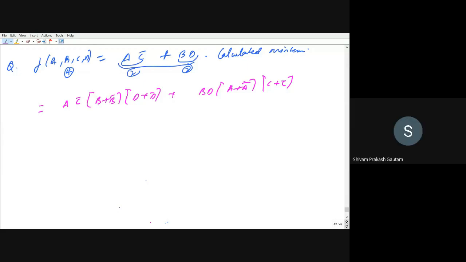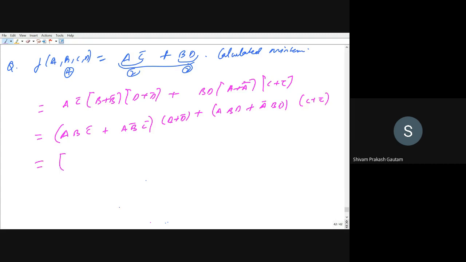Yes, sir. Okay. So now you can open the bracket, that is A B C bar plus A B bar C bar multiplied by D plus D bar plus A B D plus A bar B D into C plus C bar, right? So this can be further, you can open the bracket again.